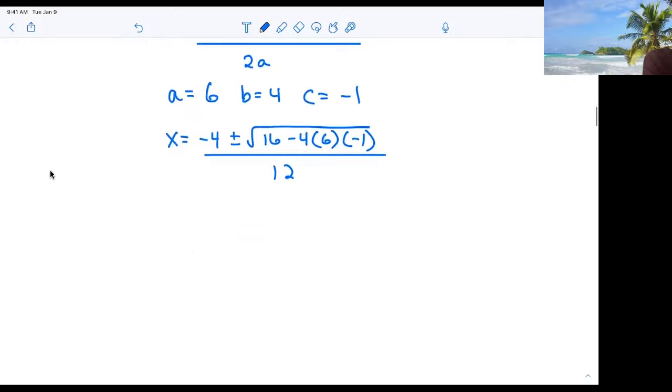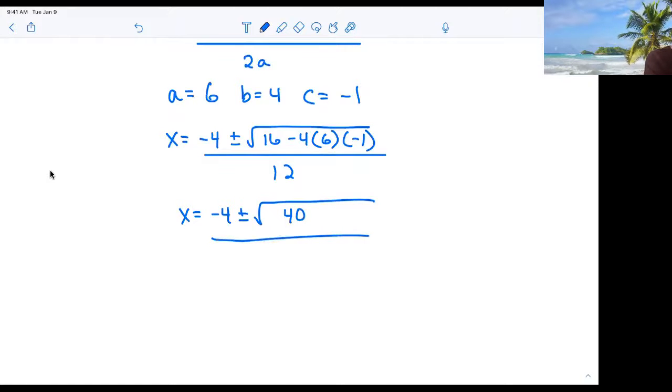All right. Now we just got to figure out what's under the radical. X equals -4 plus or minus square root. What's 4 times 6 times 1? No. Positive 24, because there are how many negatives? 2 negatives. So now you should be able to tell me what's 16 plus 24? 40.